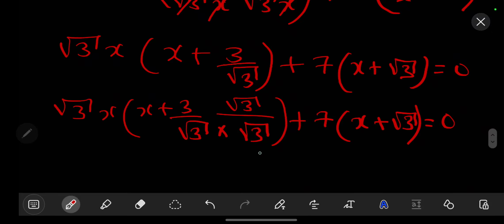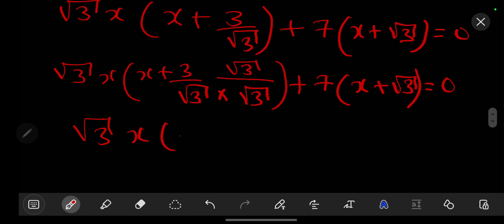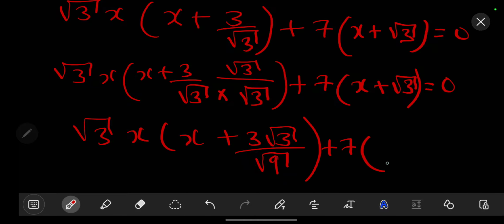After doing that, we are going to simplify. We have the square root of 3 x open brackets x, then plus 3 times the square root of 3. We say 3 square root of 3 over the square root of 3 times 3 will give us 9, one common square root. Then plus 7 times x plus the square root of 3, which should be equal to 0.